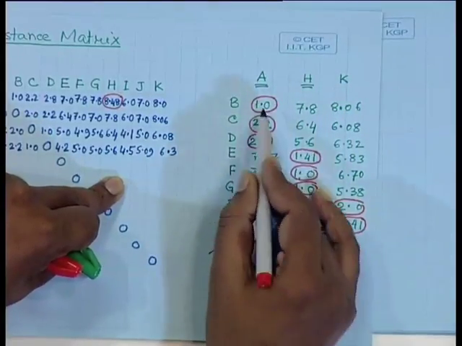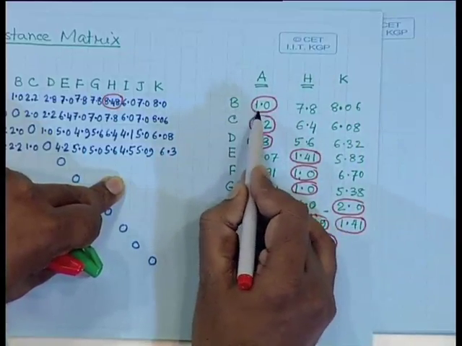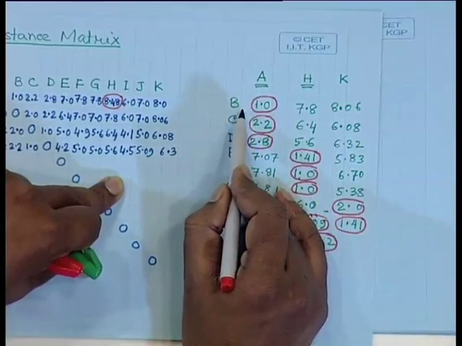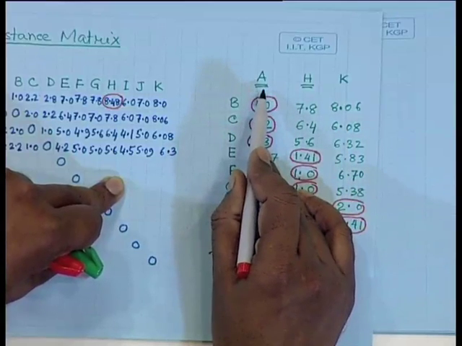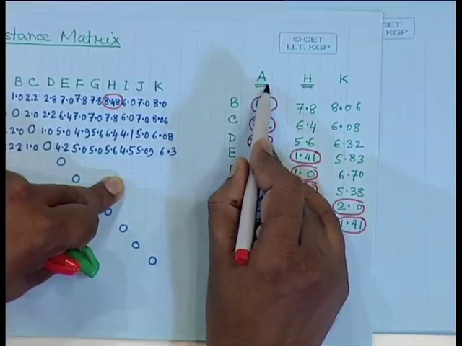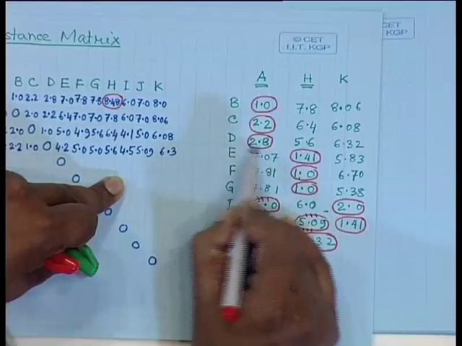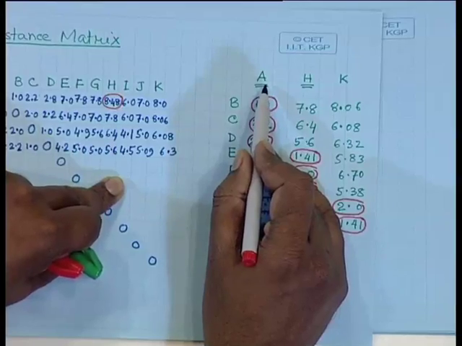Naturally, I get that information from this table. The distance between B and A is minimum among these three distances, so B will be put into the cluster formed by cluster center A. Similarly, C and D will also be put into the cluster formed by cluster center A.